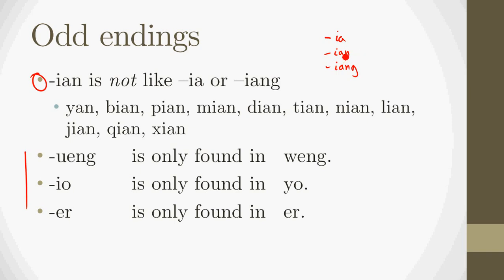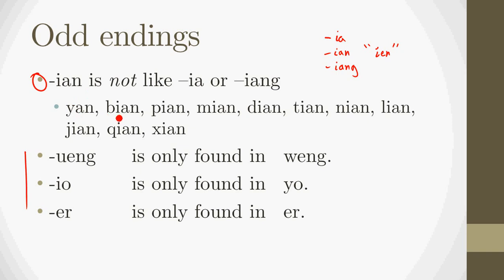Even though it's written in a way that would suggest that, when you think about ya and yang, you really want to say yen. It's kind of a little bit more like an E. Kind of. Not quite. It's a vowel sound that's not really represented by any other letters, so they use an A to do a best guess, even though it's not like ya or yang. Okay? So here, it's not yan, it's yen.